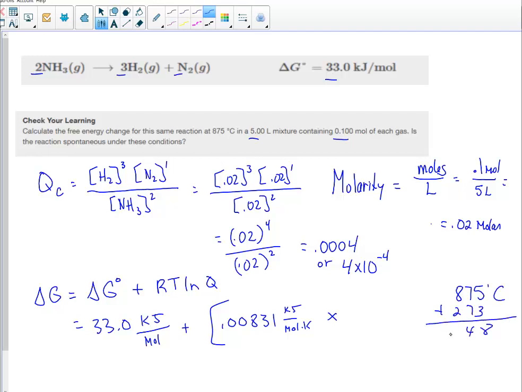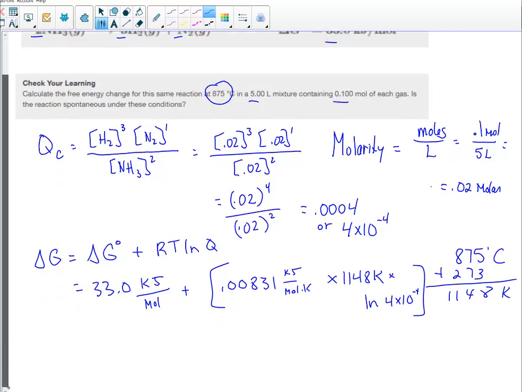That's 1148 Kelvin. Did you find that right here? 875 added to 273 gives us 1148 Kelvin. And then we want to multiply that by the natural log of the Q that we found, which was 4 times 10 to the negative 4.